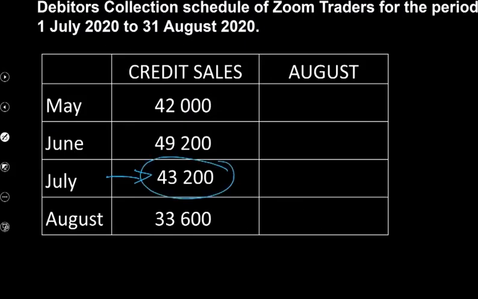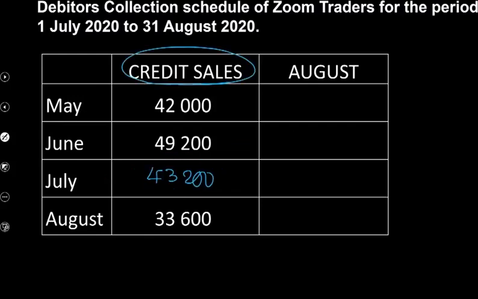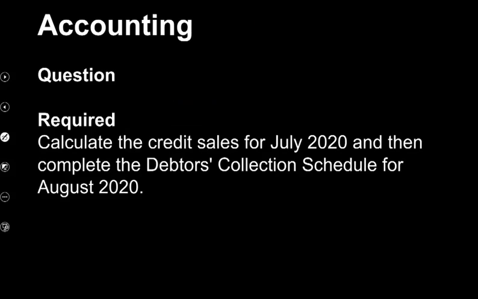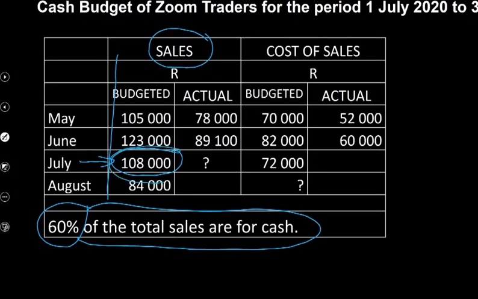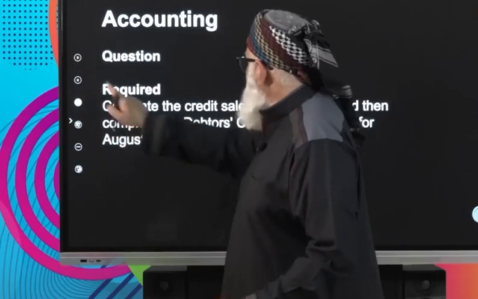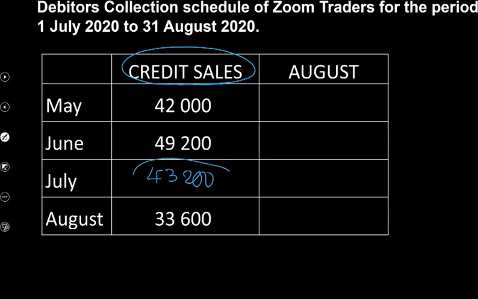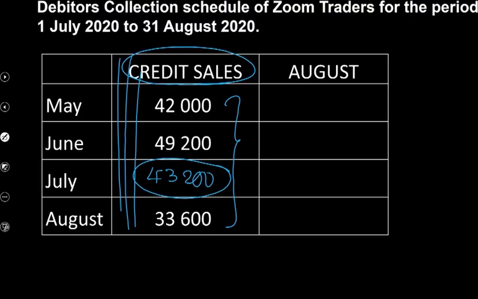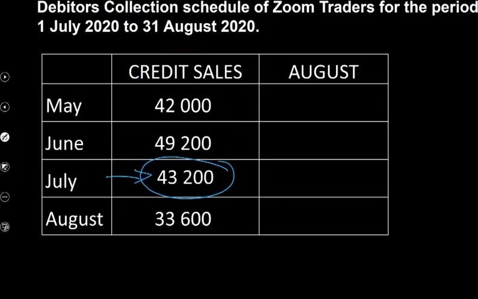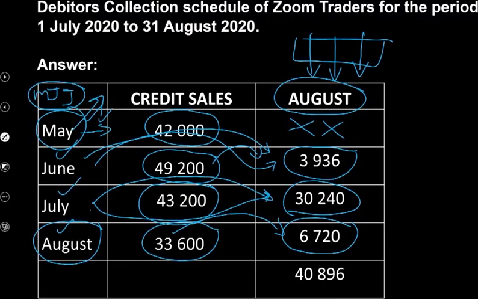Again, that was calculated by looking at your total sales figure, which you then took 40% of to determine your credit sale. That was the first part of the question, which we completed, the 43,200. Once this was completed, that means you had all your credit sales that you required. You could then go on and complete your debtors collection schedule, which we have successfully done.